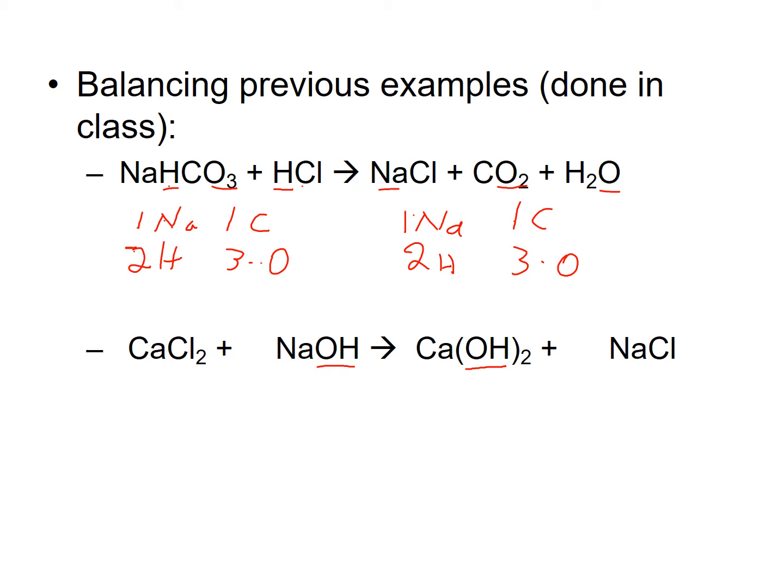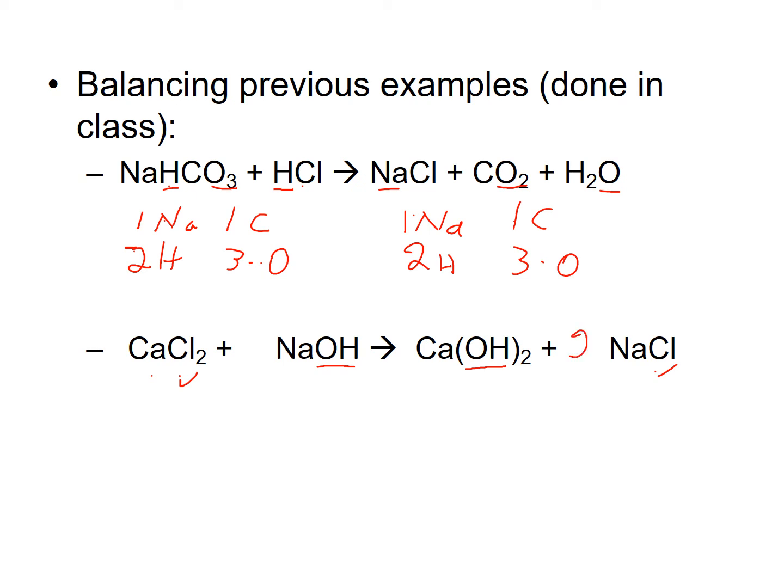So the hydroxide is almost like a separate atom, and I don't have to count oxygens and hydrogens separately. So I see that calcium is balanced. There's 1 calcium on this side, 1 calcium on this side. Chlorine is not balanced. There are 2 chlorines here and only 1 chlorine here.